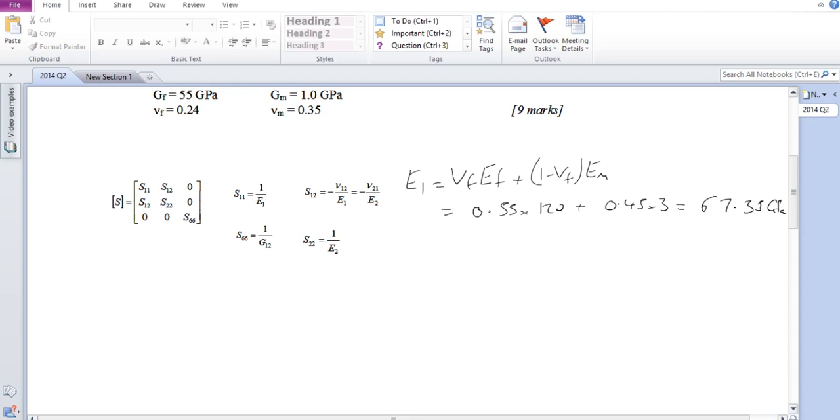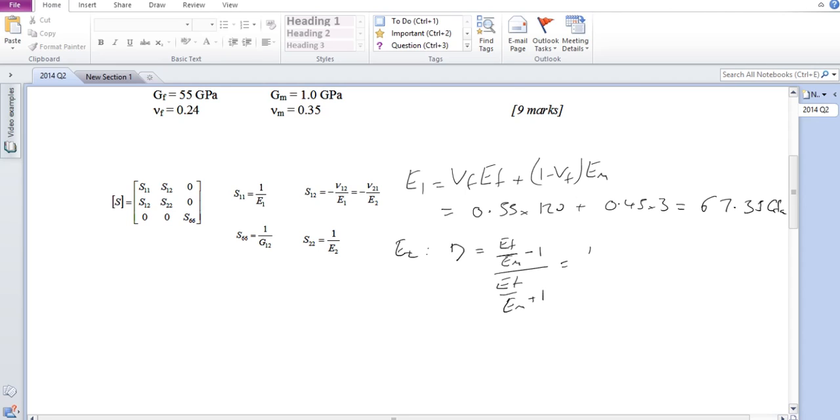For E2, we need to use the Halpin-Tsai model. If we use the Reuss model, having said in the first part that the Reuss model is no good, that wouldn't be very sensible and you'd actually lose marks. So first of all we need to find this value eta, which is given by EF over EM, the stiffness ratio, minus 1, divided by EF over EM plus 1.